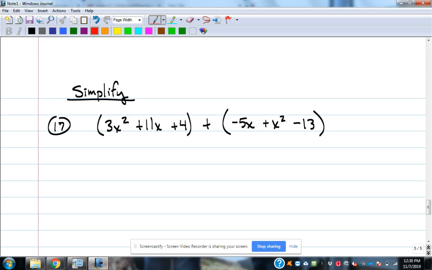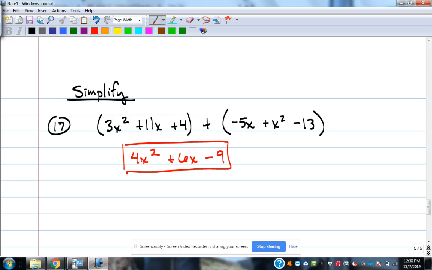And does it have a like term? Yeah. So 3x squared plus x squared would be 4x squared, right? And then we go to the next term down. So 11x and the negative 5x, put together, plus 6x, and then 4 plus negative 13, negative 9.